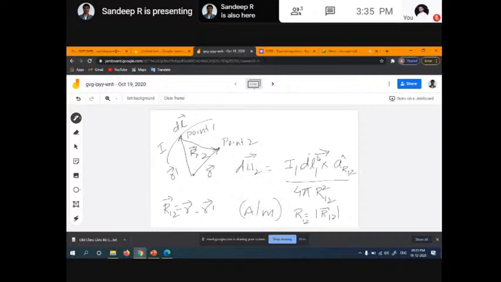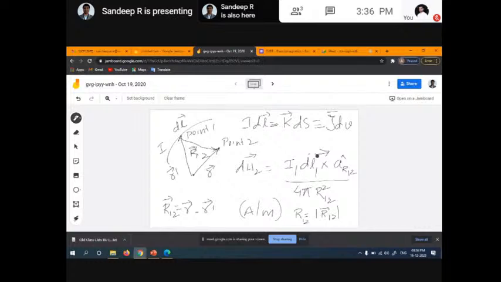What if I have other types of current distributions? It could be a surface current distribution or a volume current distribution. We have a relationship between the line current, surface current, and volume current: I dl is equivalent to K ds, which is equivalent to J dV.